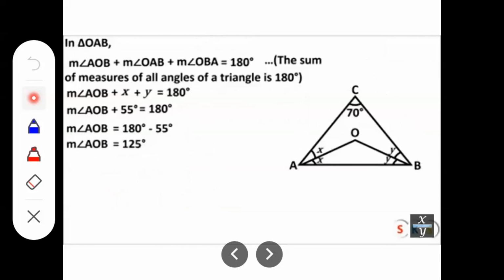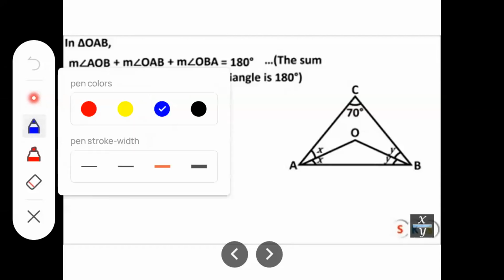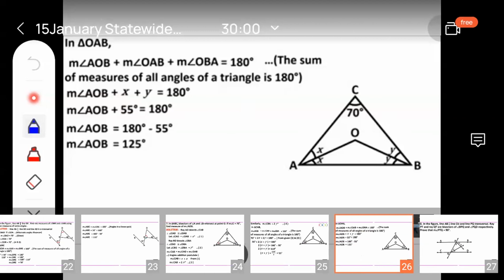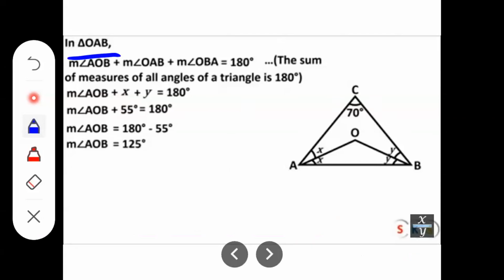Now see, we have to take a triangle. Which triangle? That triangle OAB. See here, OAB, this triangle only. In this triangle, one angle is x and another is y, so we can find the third one.